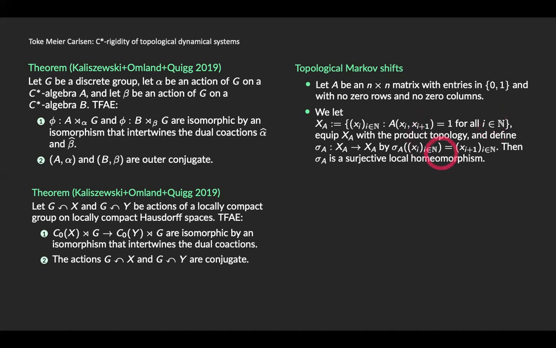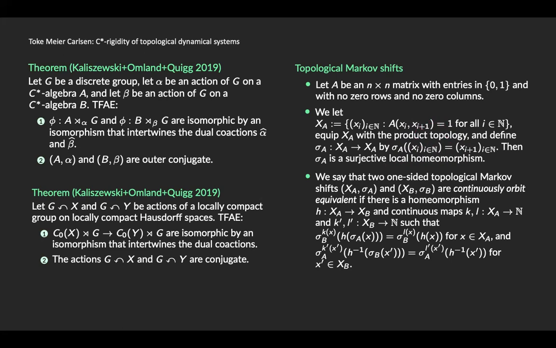But this is what I would call an irreversible dynamical system, topological dynamical system, and this particular type of dynamical system is sometimes called a topological Markov shift. It's an example of what is also called a shift of finite type. And in fact, every shift of finite type is isomorphic to one of these topological Markov shifts. Okay.